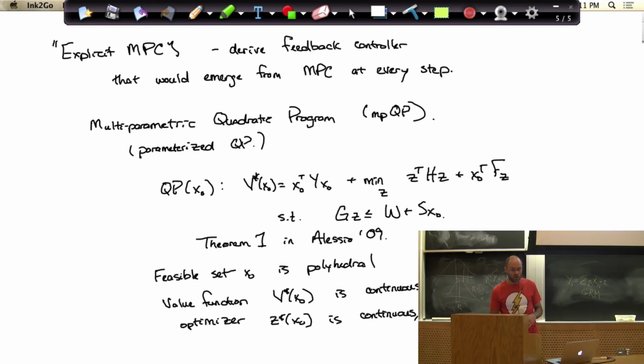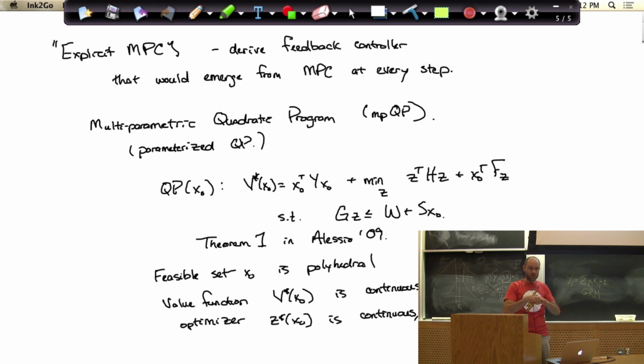So the unconstrained LQR problem, we know, had a value function that was a quadratic. The constrained LQR is piecewise quadratic. It's still convex. In every segment, the cost to go is a quadratic function, but it's put together with pieces of quadratic functions.